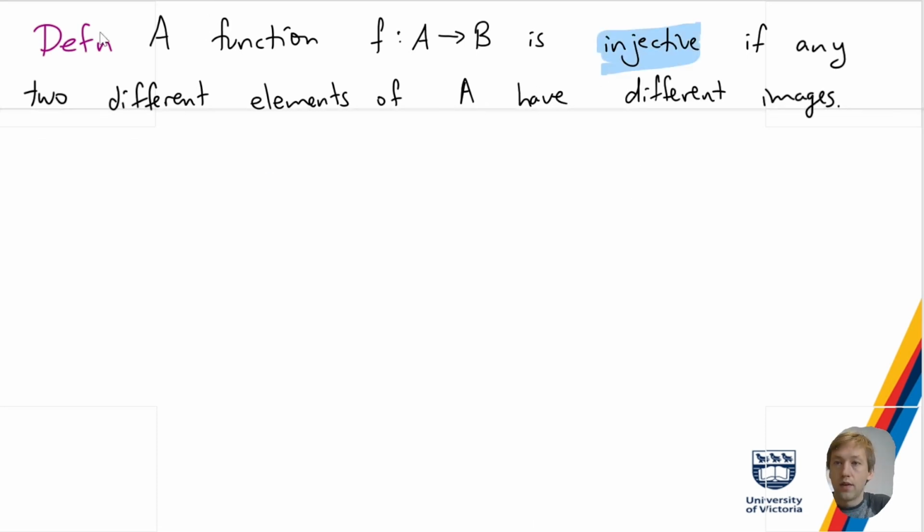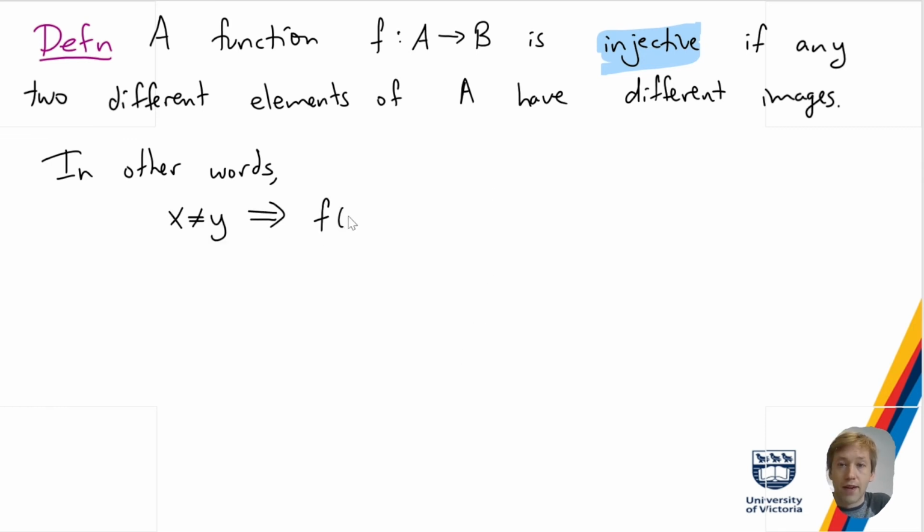In other words, a function is injective if whenever x is not equal to y, that logically implies that f of x is not equal to f of y. This is, of course, for x and y in A. So if x is not the same as y, then f of x is different from f of y.